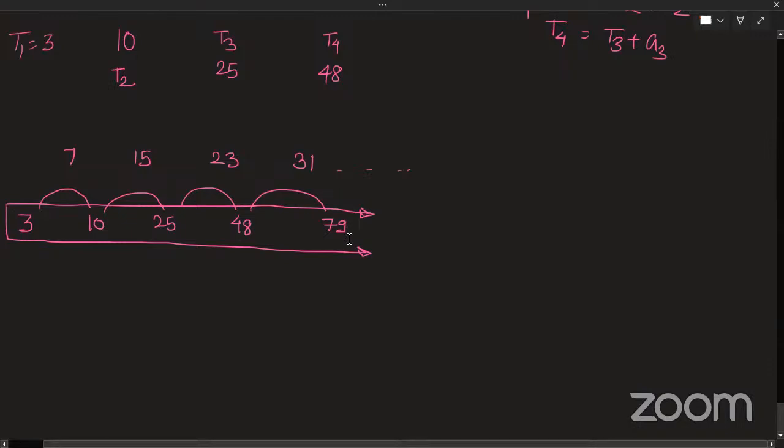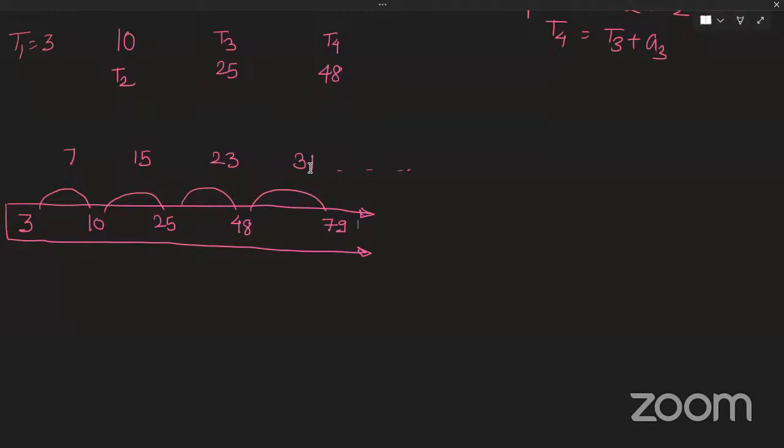What kind of series is this? Just clearly look at the differences of the terms. What is happening to the differences between two terms? Increasing, sir. Increasing by what? 8. AP. So the difference between two consecutive terms is growing in AP.